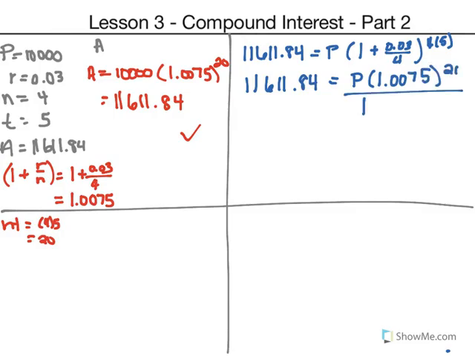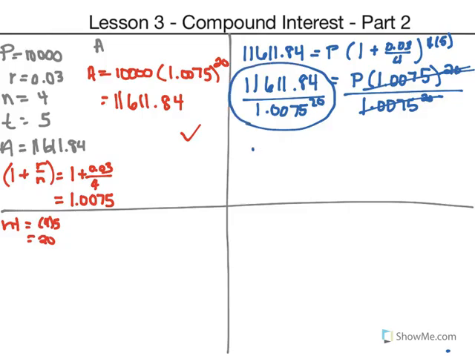We're going to divide by 1.0075 to the power of 20 on both sides. And it's best to move everything first and then type it into your calculator so you're not rounding. So that is what you're typing in right here.